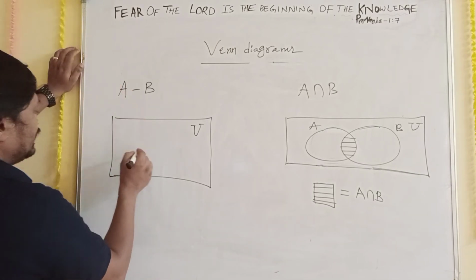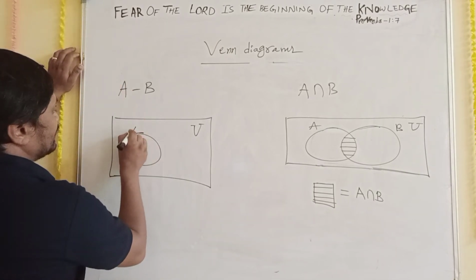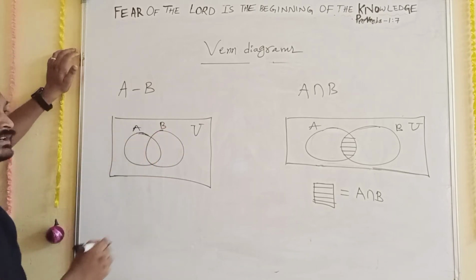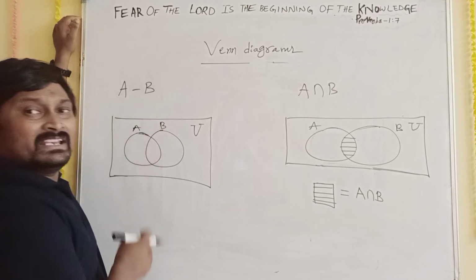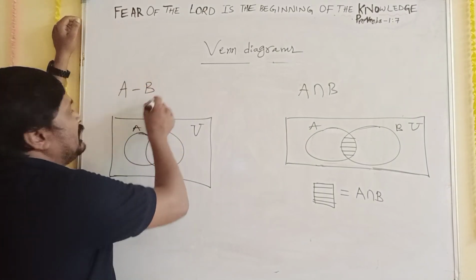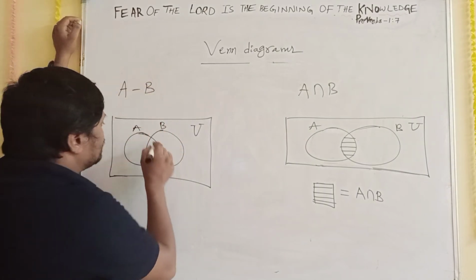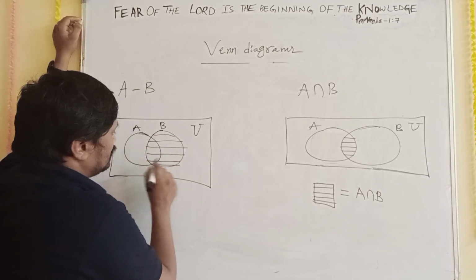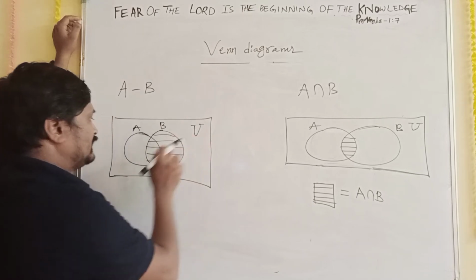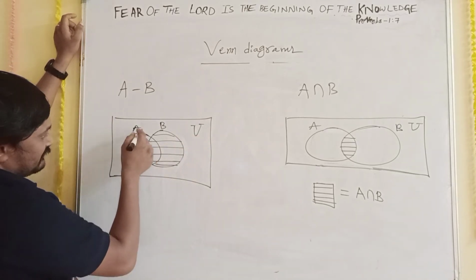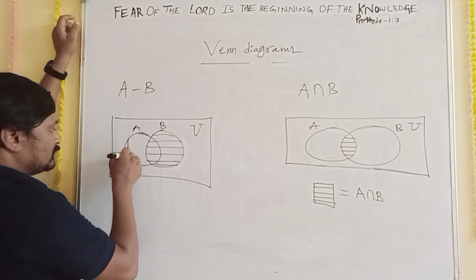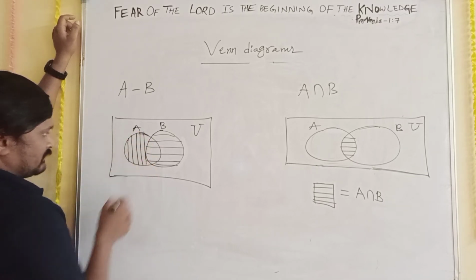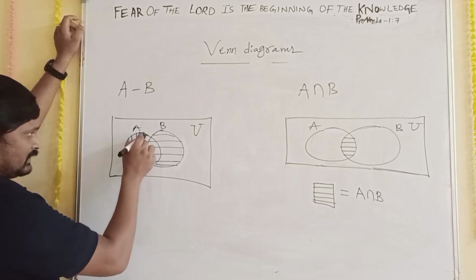So here it is set A and next one is your set B. I want A minus B. A minus B means B is completely removed from A, with the common elements. Whichever is left, that is your A minus B.